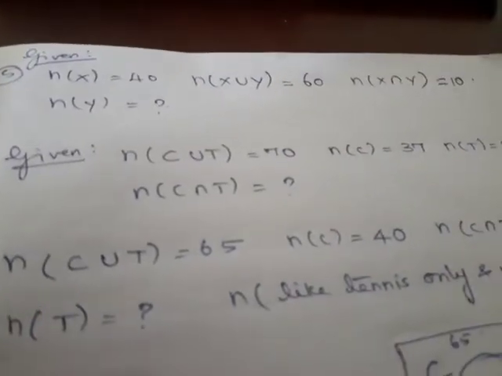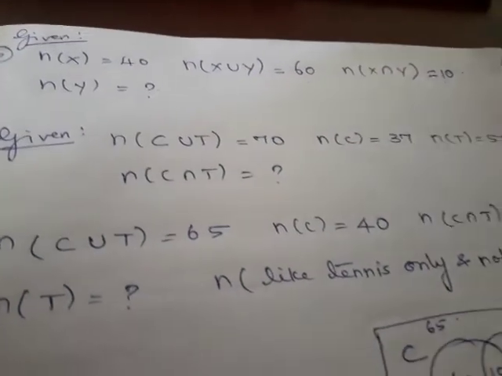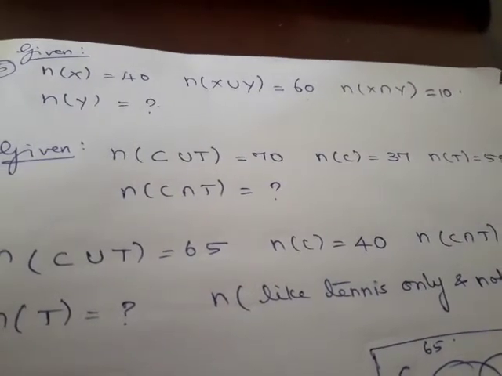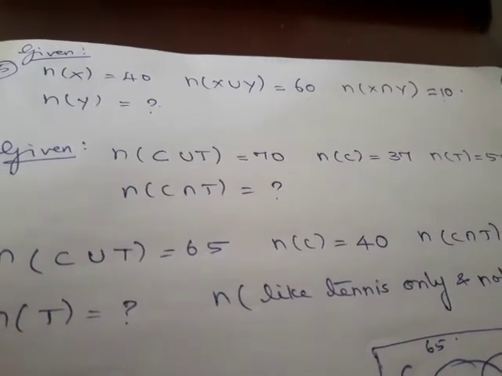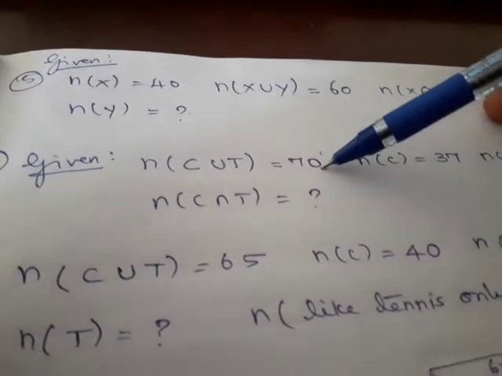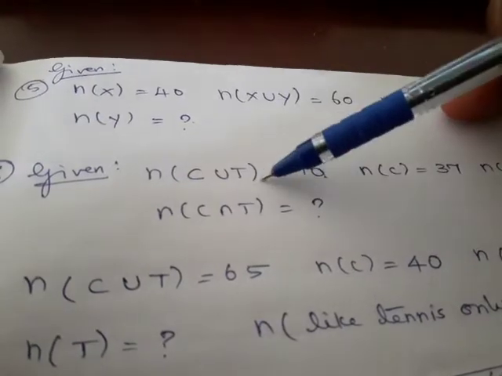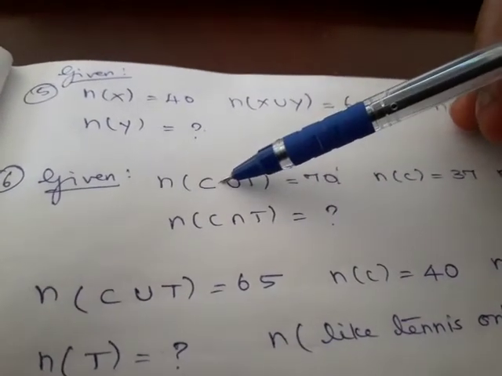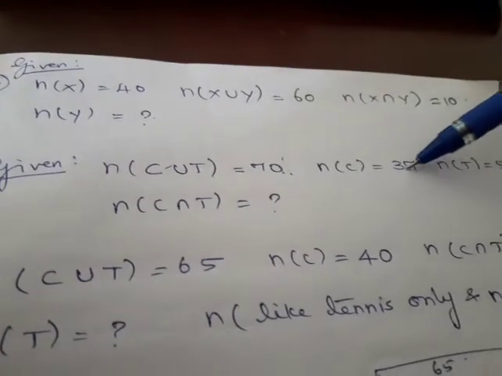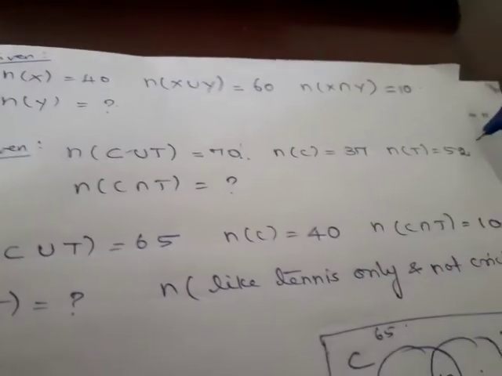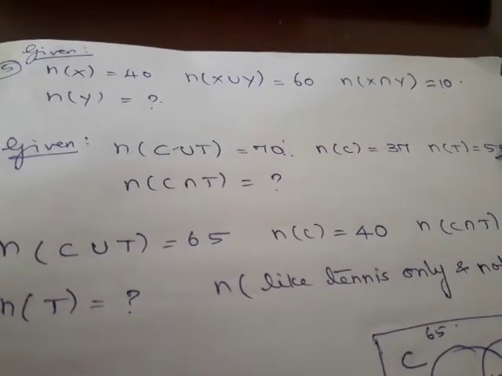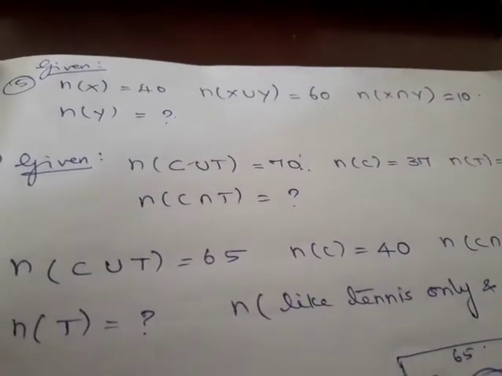Next question, in a group of 70 people, 37 like coffee. Since it's coffee and tea, I used the denotation C and T. So in a group of 70 people, C union T, I represented by 70, 37 like coffee, so n of C, 52 like tea, so n of T, and each person likes at least one of the two drinks.